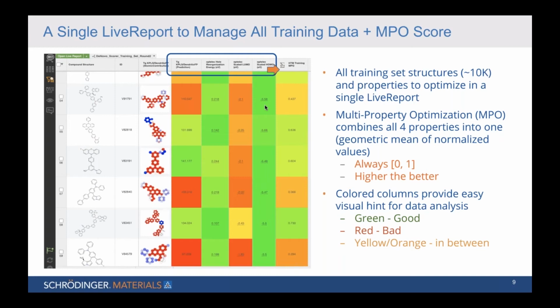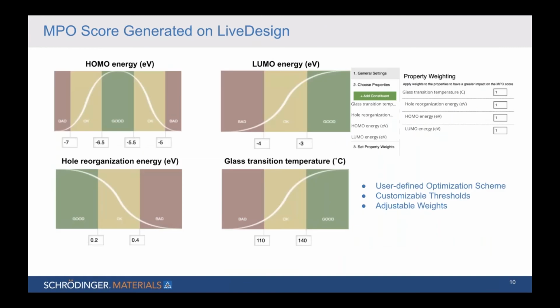Not only is the MPO column colored, but any of the properties included in the MPO calculation will also be color-coded in a similar way. Here I'll show you a screenshot taken directly from LiveDesign of how this feature allows a user to have real control and set up customized thresholds for how they want the property to be optimized.